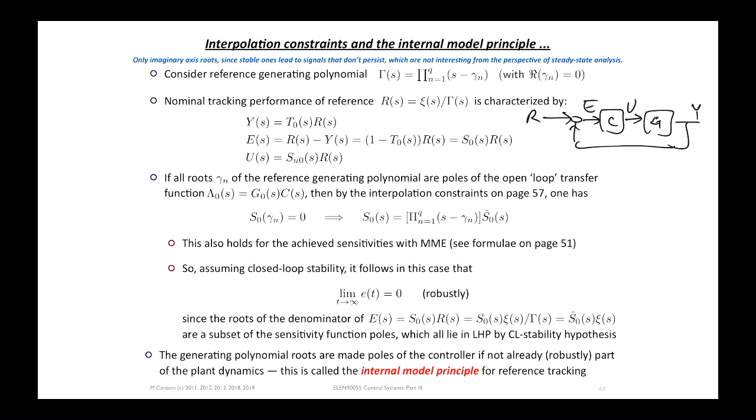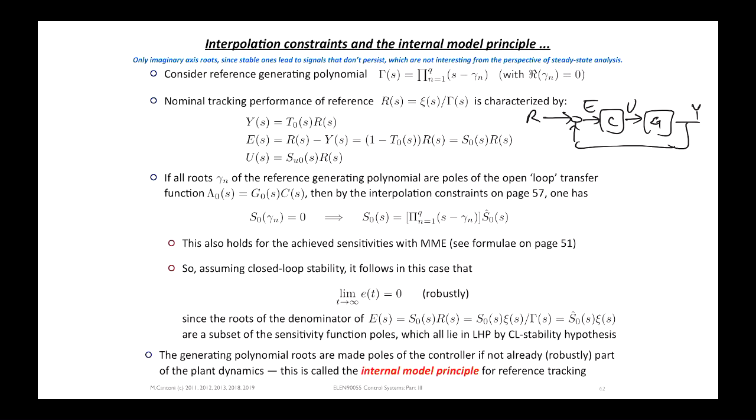Before, when we just had an open loop pole at s equals 0, the factor we pulled out the front was just s, and that corresponds to gamma n being 0. But more generally, if the gamma n's are all poles of the open loop transfer function, then the output sensitivity function will have factors like this that we can pull out the front. So the numerator of this s hat function here will be of degree q less than the degree of the numerator here, but it has the same poles as a transfer function.